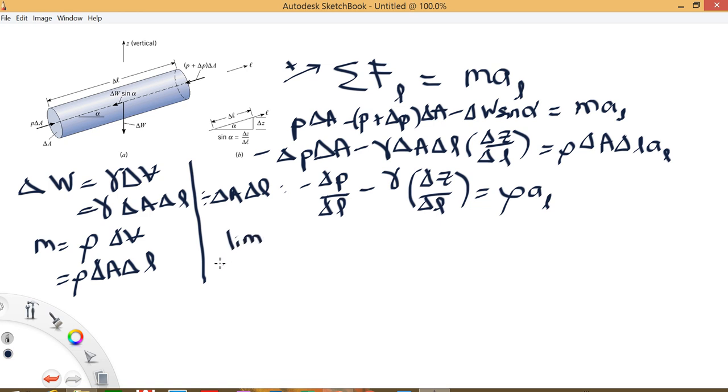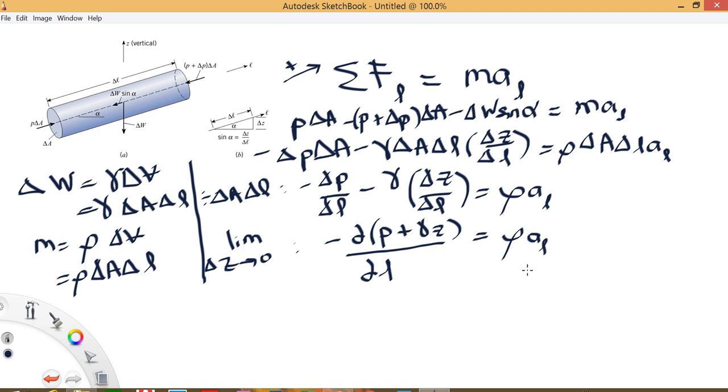So let the limit of delta L approach 0. Therefore, this should be the derivative. So put this together. P plus gamma Z in a bracket, divided by delta L. Okay, so you should get this as rho a in the L direction. So this equation is called Euler's equation.